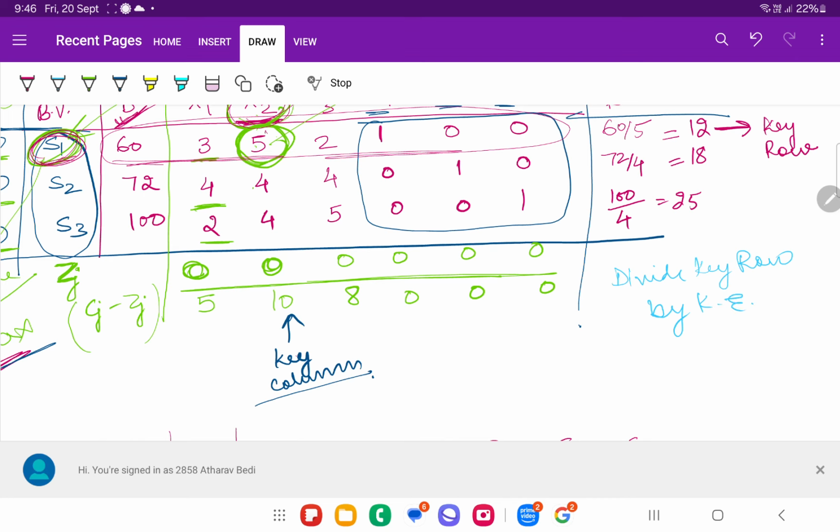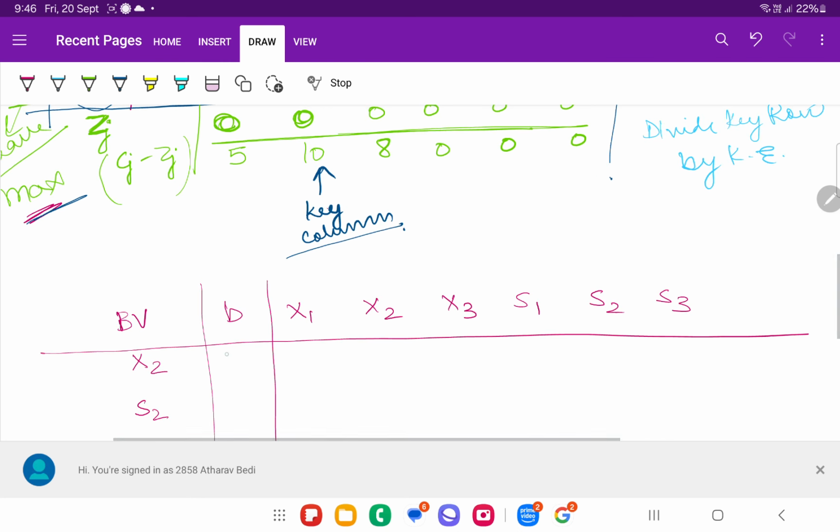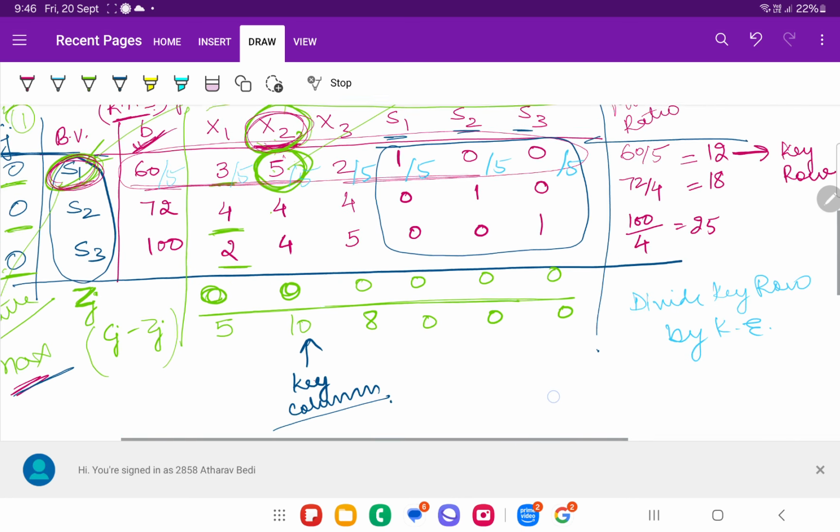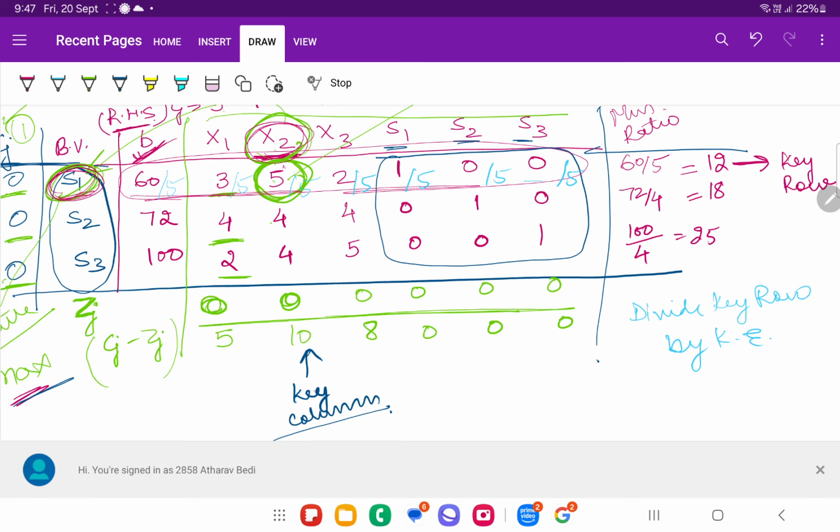So that is 60 by 5, 3 by 5, 5 by 5, 2 by 5, 1 by 5, 0 by 5 and 0 by 5. So this is going to be 12, 3 by 5, 1, 2 by 5, 1 by 5, 0, 0. Alright, so I have written the values of the key row now.